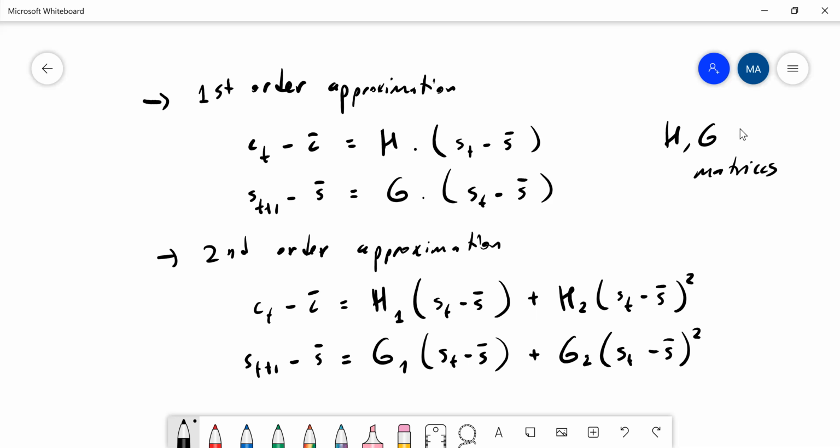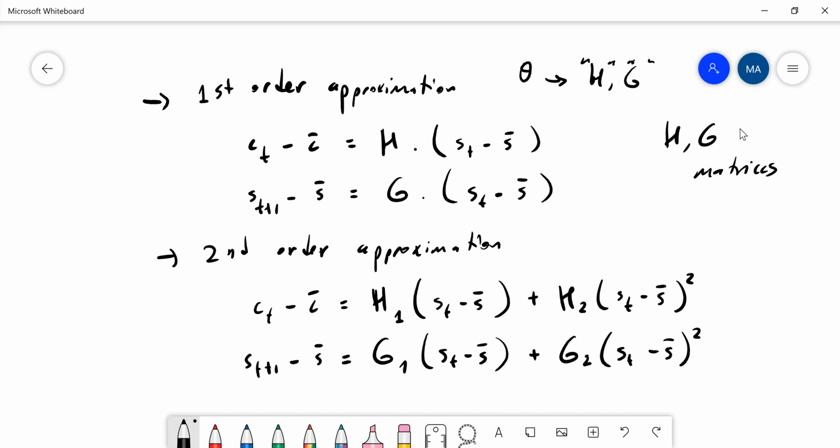I mean, comparatively much faster than the projection-based methods, because in the projection-based methods, you calculate the value function for any point in the state space. Here, you are basically solving matrix equations. So these matrices, H, G, etc., will be unknowns, and given the parameter values of the model, you're going to find the H and G matrices that solve the problem.